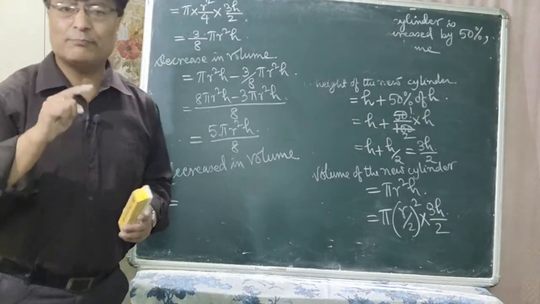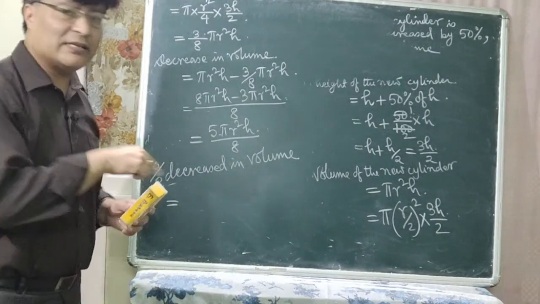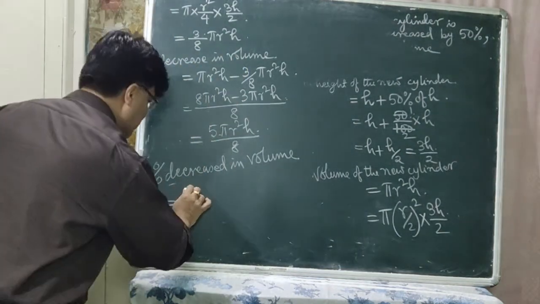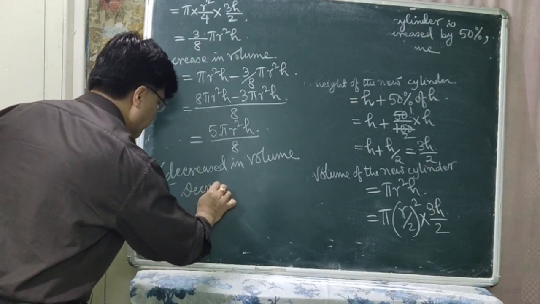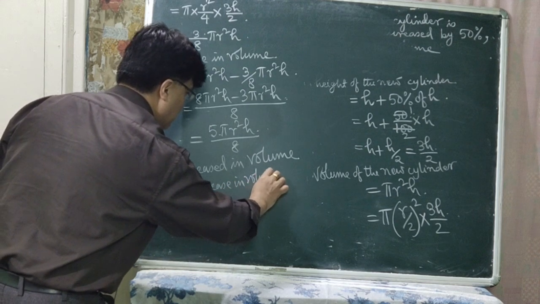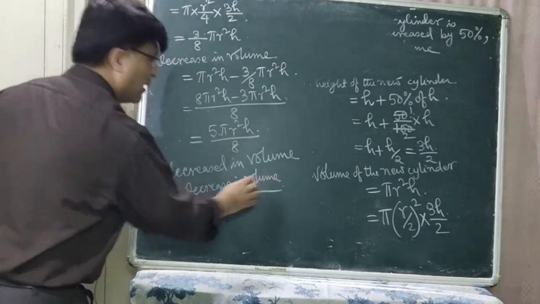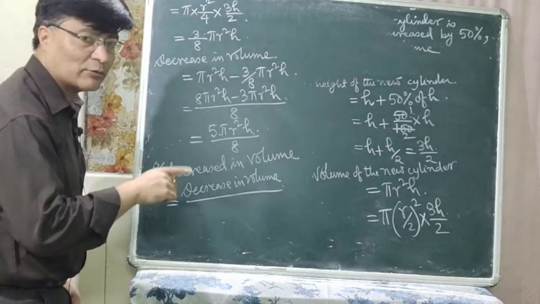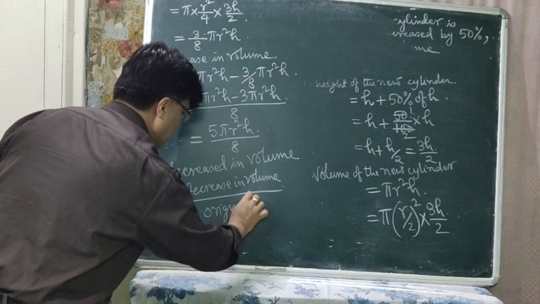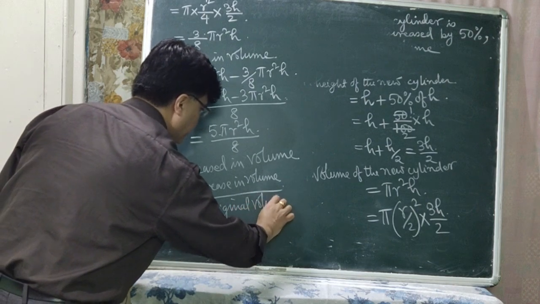How can you calculate percentage decrease in volume? That is, what was the decrease in volume? Let us write here decrease in volume. This is the decrease in volume divided by, always write down the original volume. Okay, always you have to write divided by the original volume.